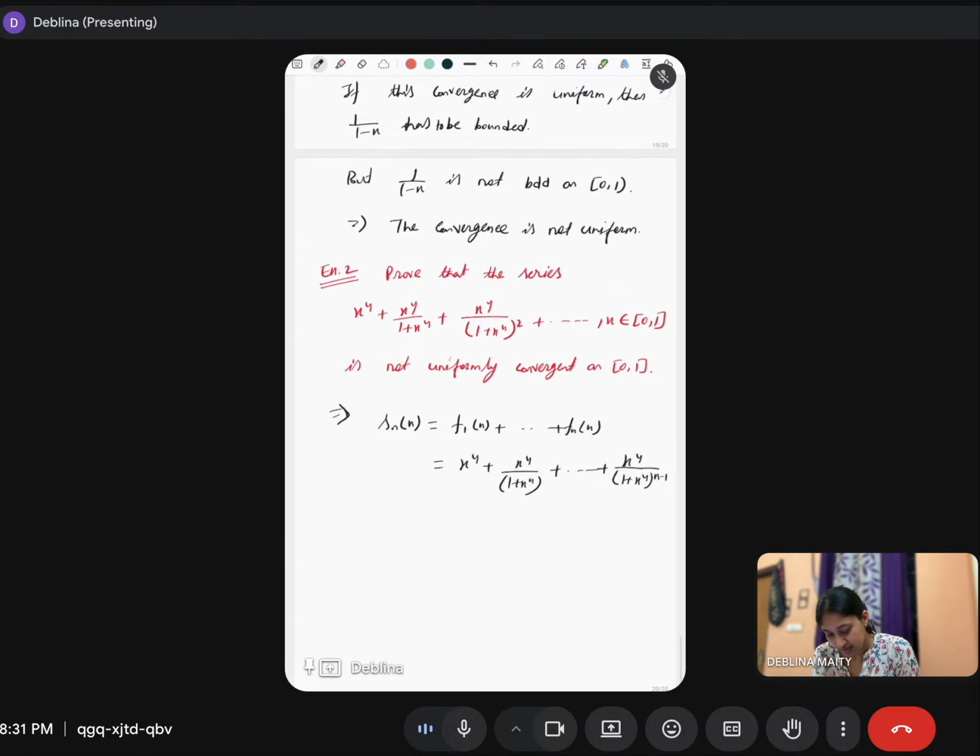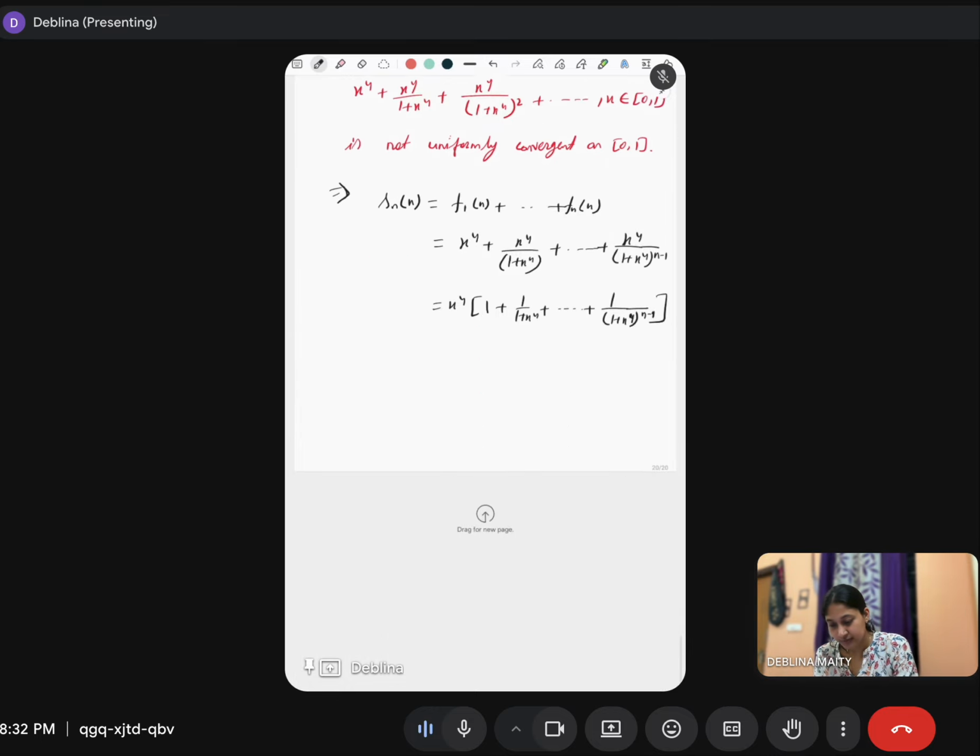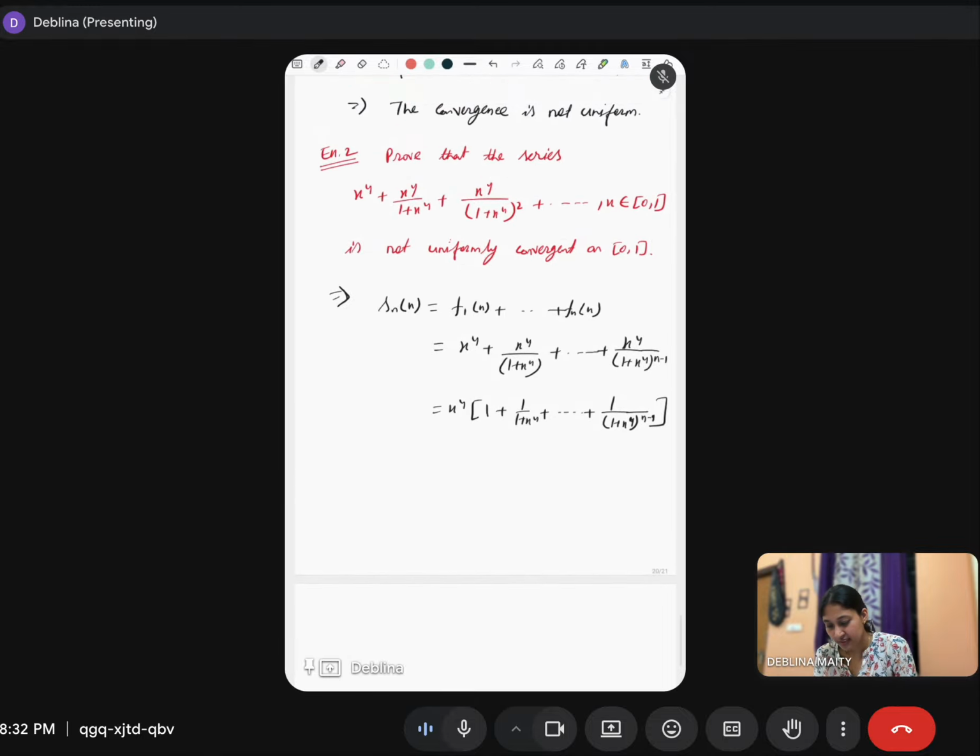And this is equal to x to the power 4 into the sum, right. This is our S_n(x). Now when x equals 0, we put x equals 0 here, S_n(x) will be 0, right?